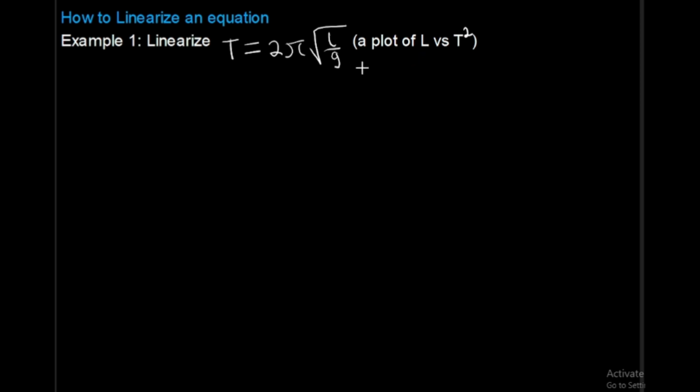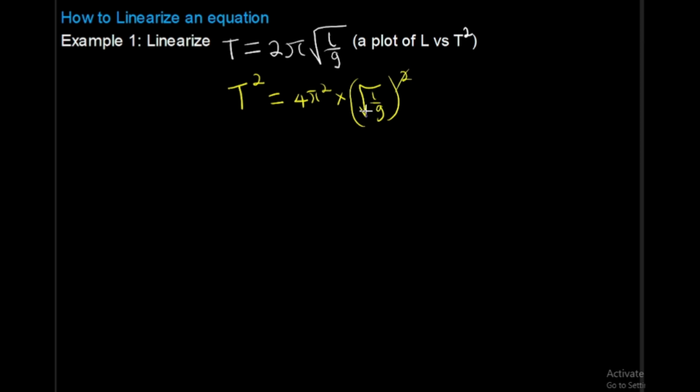So the first thing we need to do here is to remove this square root so we can easily cross multiply and move L from one side of the equation to the other. To do that, we square both sides first. Squaring both sides, we have T squared equals, squaring the right hand side, if we square 2 pi, that will give us 4 pi squared, times root L over g all squared.